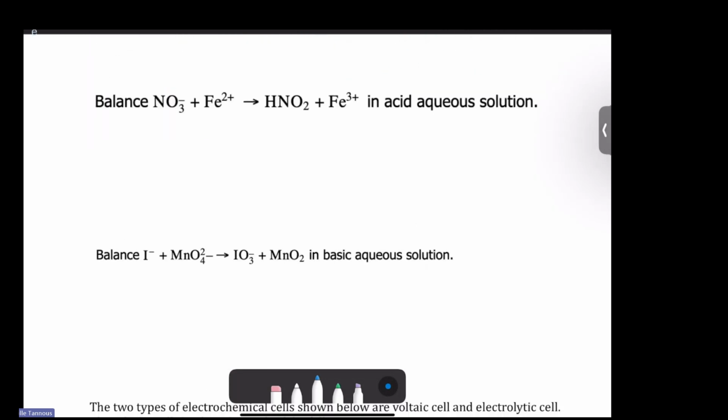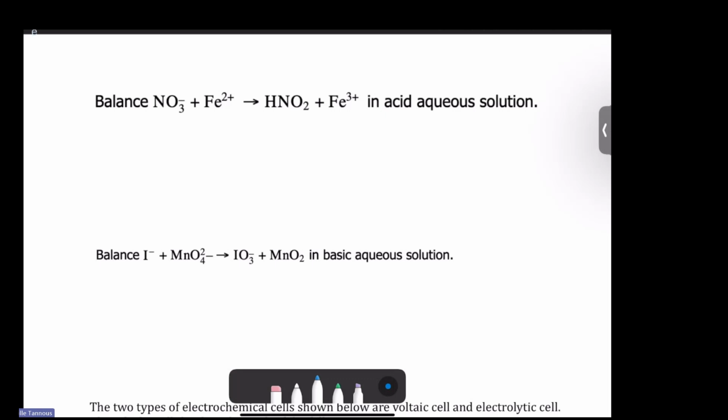Okay. Here we come to a bit harder part where we need to balance an oxidation reduction reaction in acidic or basic medium.